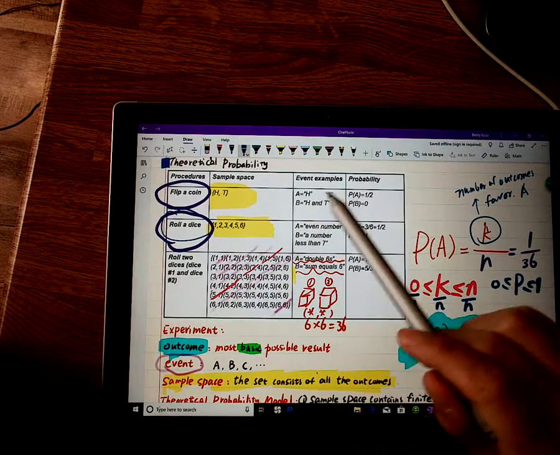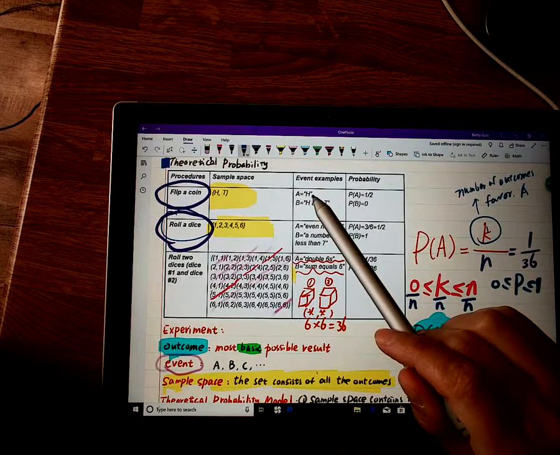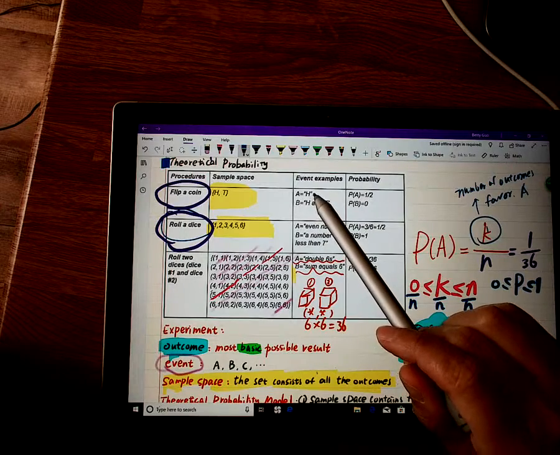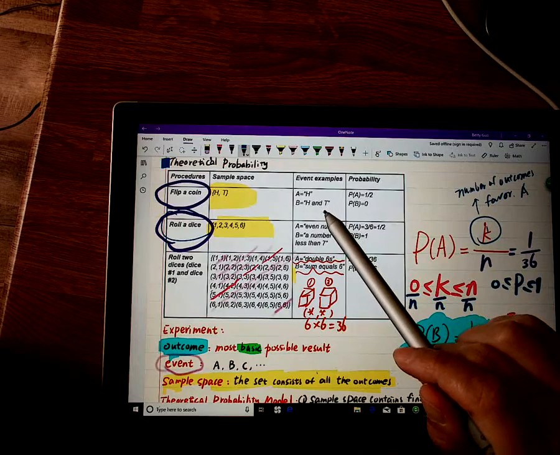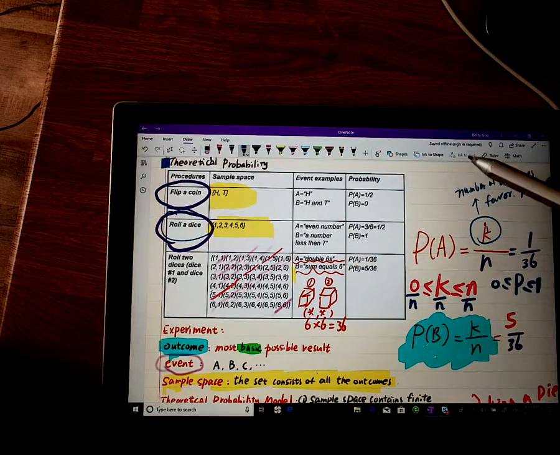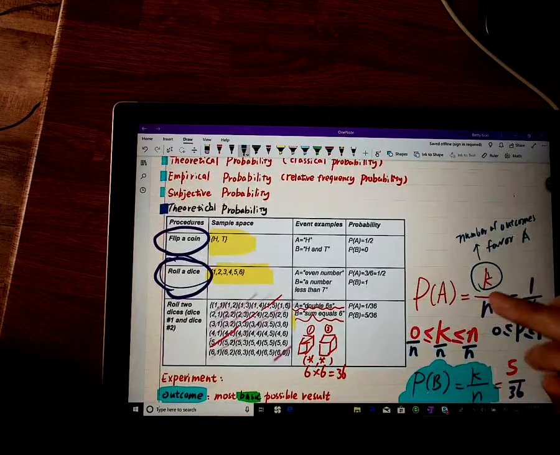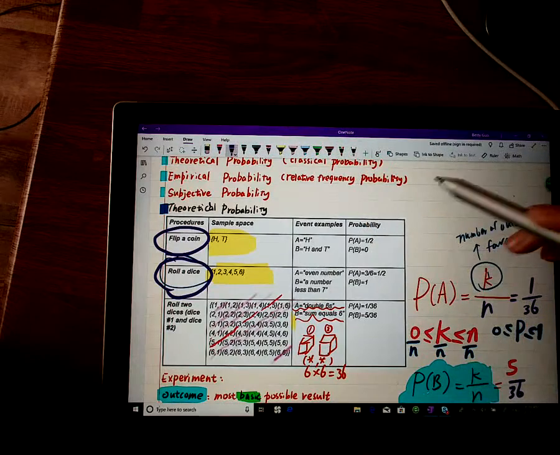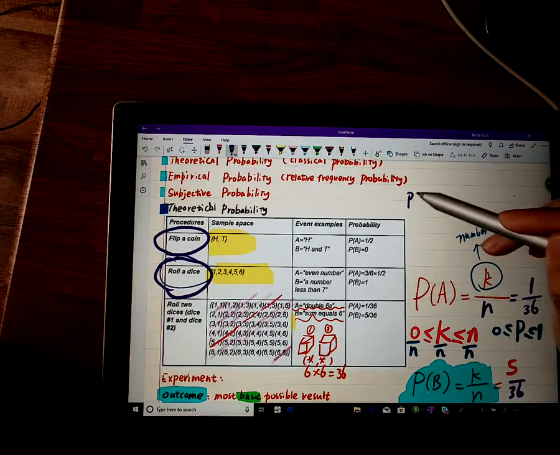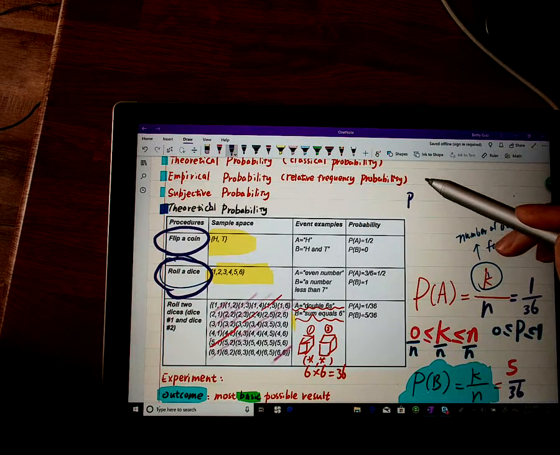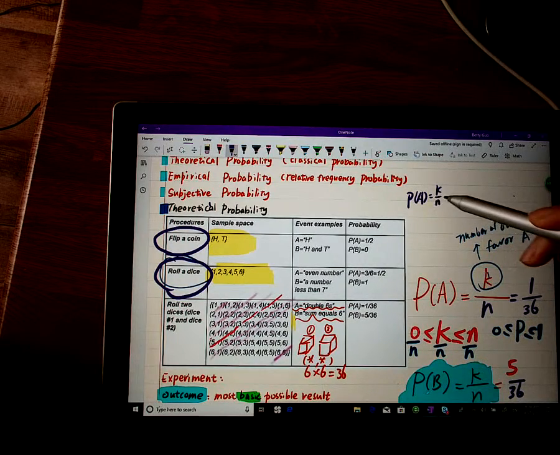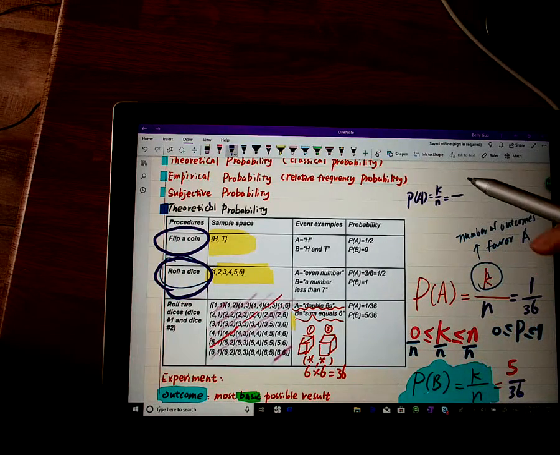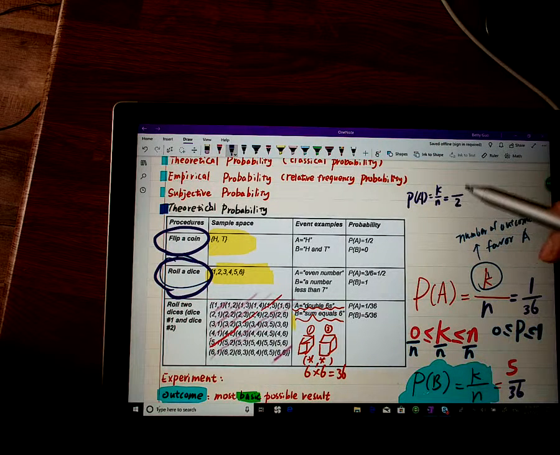In that experiment, if we let A be the result that getting a head, and B is the result getting head and tail, both. Let's see how we find the probability for the two events. Because we're computing the theoretical probability, the formula would be K over N. N is the total number of outcomes in the sample space, remember, so N equals 2.